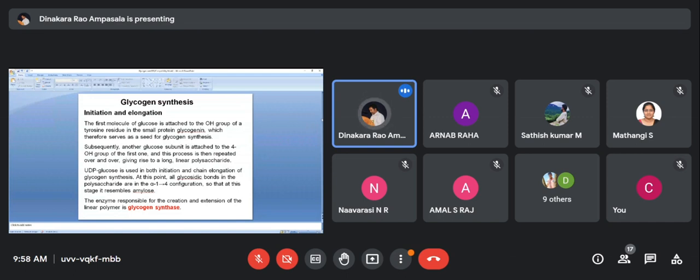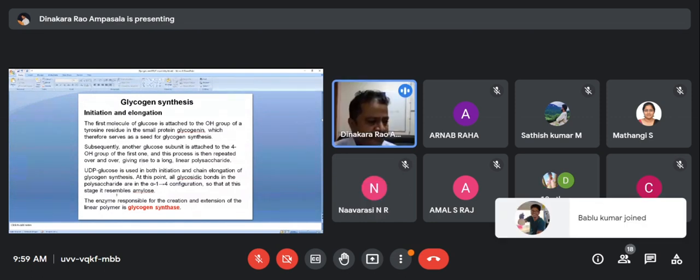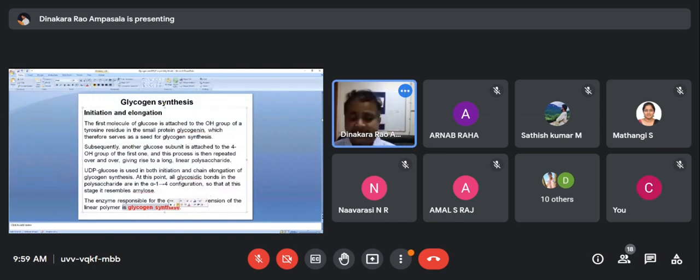That creates a linear polymer as UDP glucose molecules come and interact with the growing chain, creating a non-reducing alpha-1,4 glycosidic configuration. This will create a long linear polysaccharide. Generation of these long chain polysaccharides is done by an enzyme called glycogen synthase.